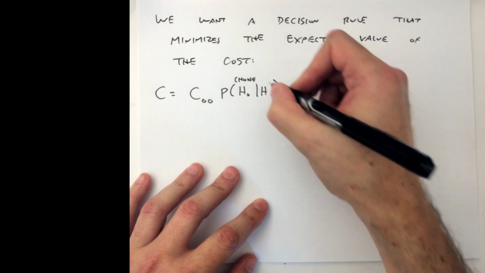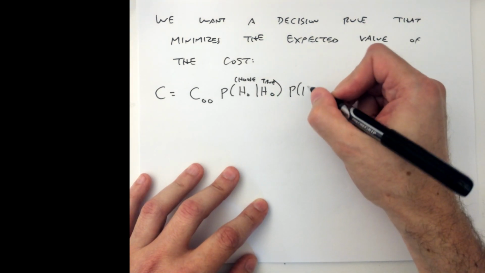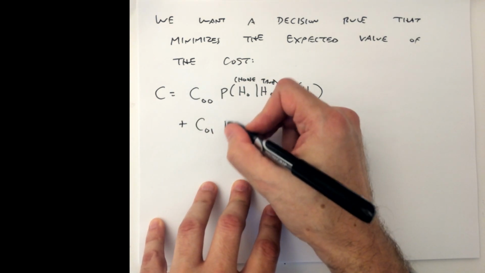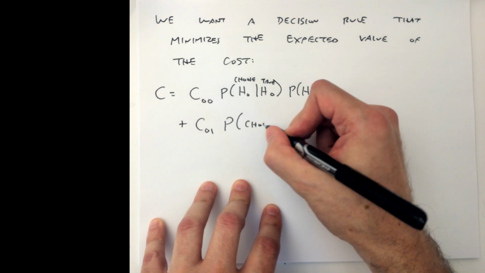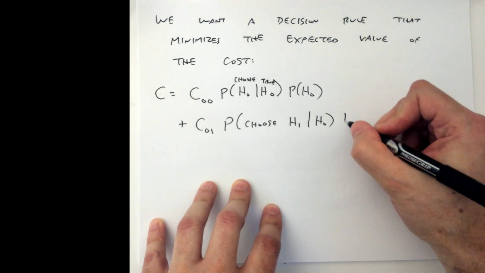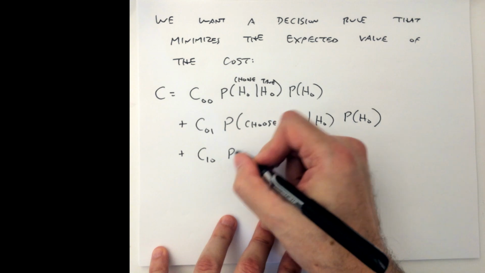I'm choosing H0 when H0 is true, times the probability that happened, plus C01, and I'll write this out a little more clearly: choose H1 given H0 times the probability of H0, plus this.